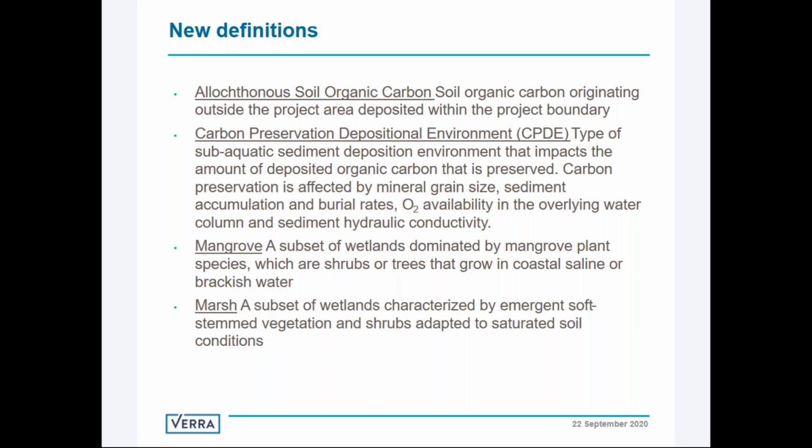Now, these are basically the sinks that you find downstream of tidal wetlands. And we're recognizing that carbon that comes out of coastal wetlands, tidal wetlands, including seagrasses, can end up in sinks and be preserved. And so we provide procedures and default values for recognizing the preservation potential for carbon that's accumulated off-site. And then there are definitions for mangroves and marshes.